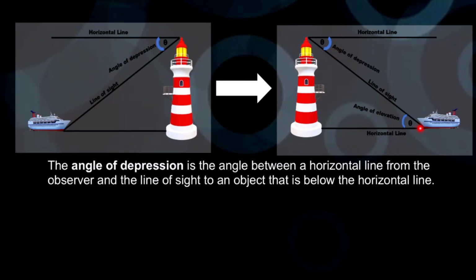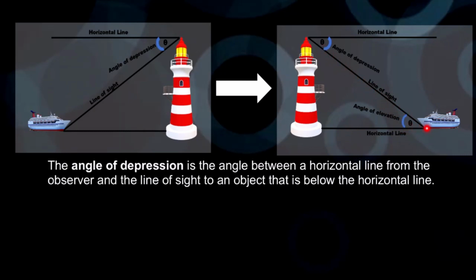And dito naman po, if our observer naman po is nasa barko, ang horizontal line po niya is nandito. And the line of sight niya above him, yung tinitignan niya kasi yung ating topmost sa lighthouse po natin, yung pinakatuktok ng lighthouse natin, kung yun ang tinitingnan niya, yung two lines po na yun is nagka-create ng angle of elevation.